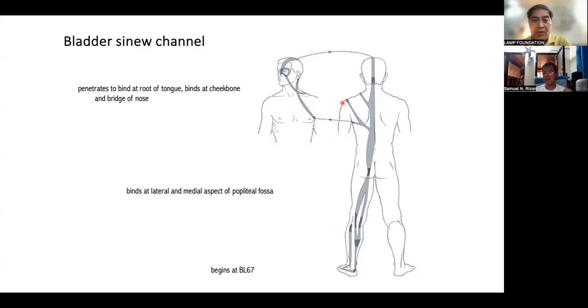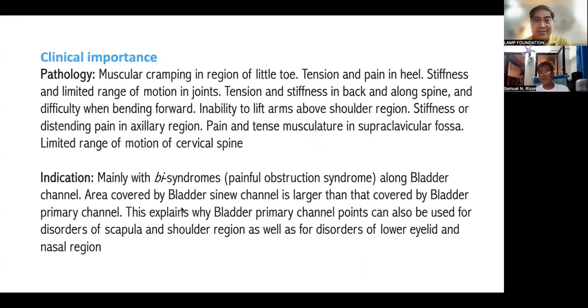Another branch crosses below the axilla and over the chest, emerging at the supraclavicular fossa and ascending to GB12 behind the ear. Still another branch, daming branches. After emerging from the supraclavicular fossa, it traverses the face to a site beside the nose. That is why it is very important to needle LI20 when you do acupuncture facelift. So, nakakatulong talaga, nawawala pati yung back pain, no?